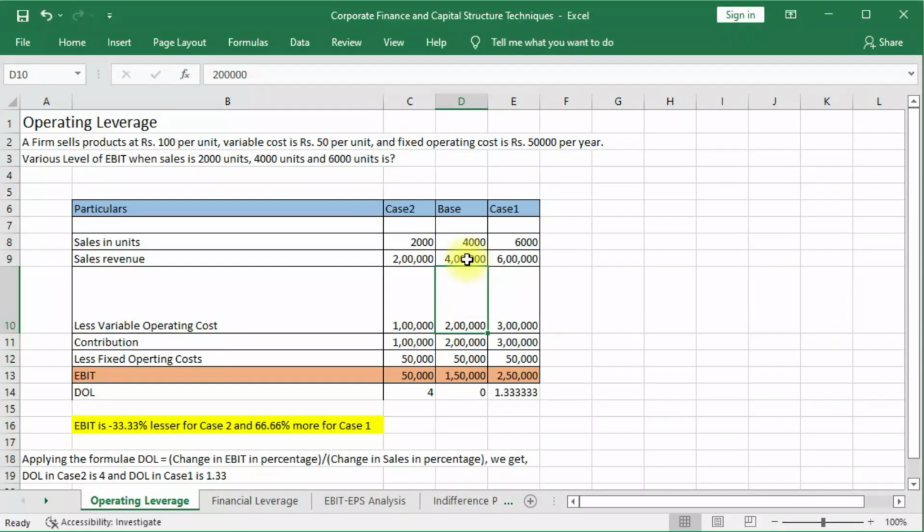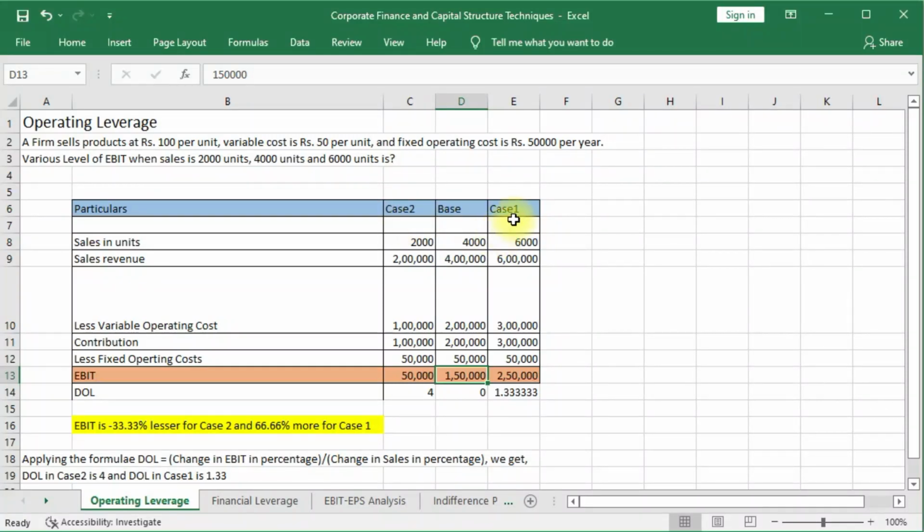The difference between sales revenue and variable operating cost is the contribution, which is 200,000. From this, fixed operating cost of 50,000 is deducted, so the EBIT for the base is 150,000.